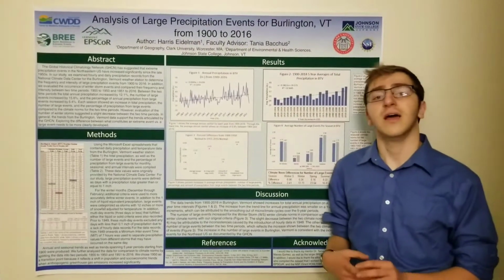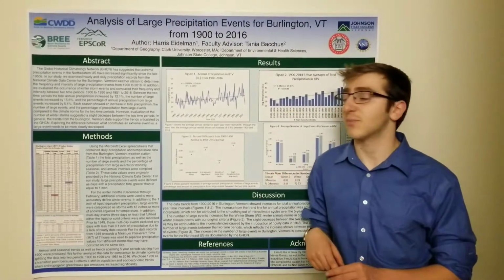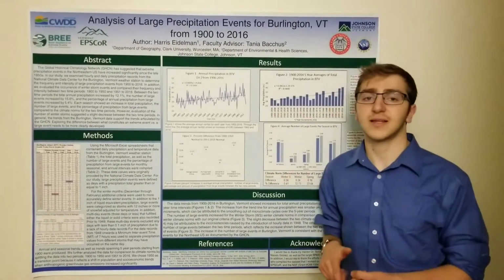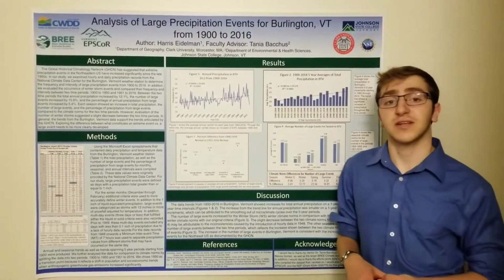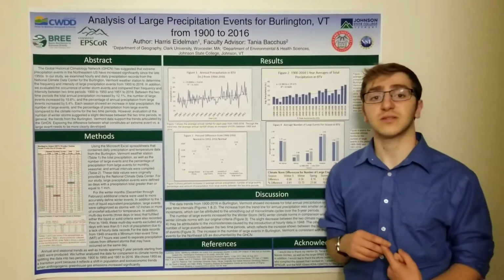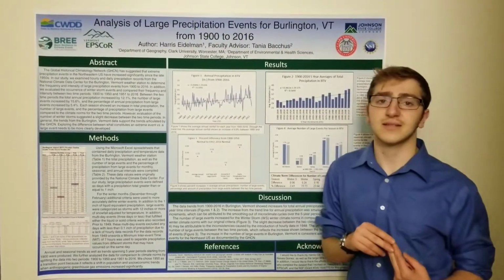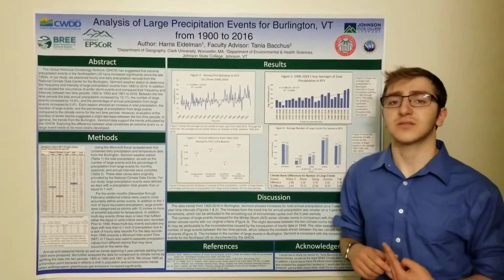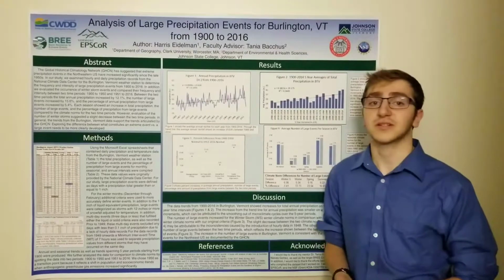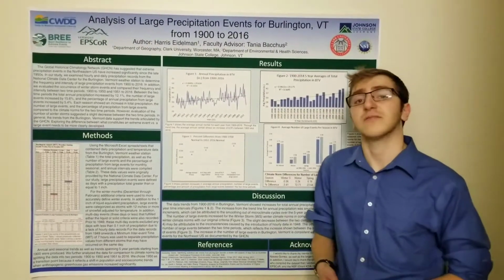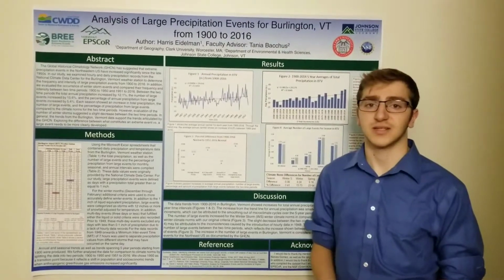We looked at monthly spreadsheets like this, and we compiled monthly trends, seasonal trends, and annual trends. For those 3 time periods, we looked at total precipitation, the number of large events that existed for that month, as well as the percentage of precipitation from those large events in relation to how much precipitation there is for that given month.